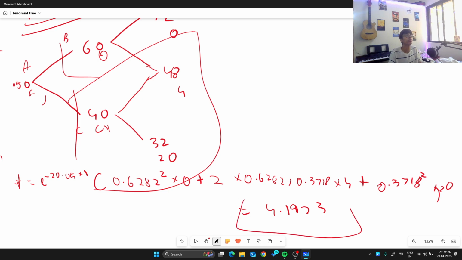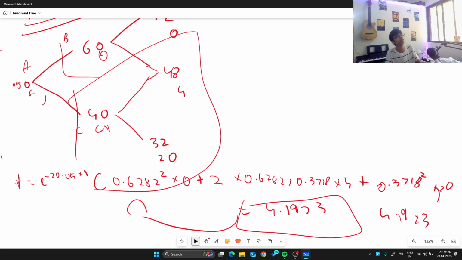So the put option obtained is 4.1923, and that's how it works.